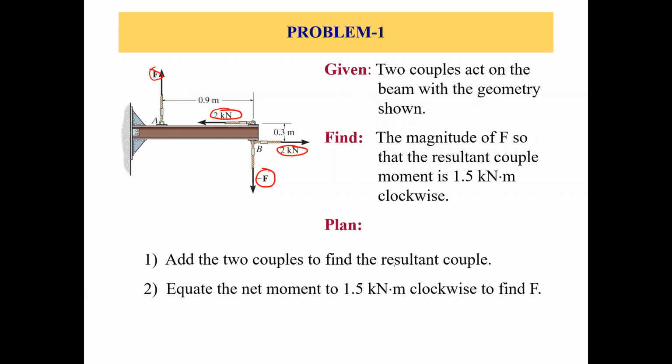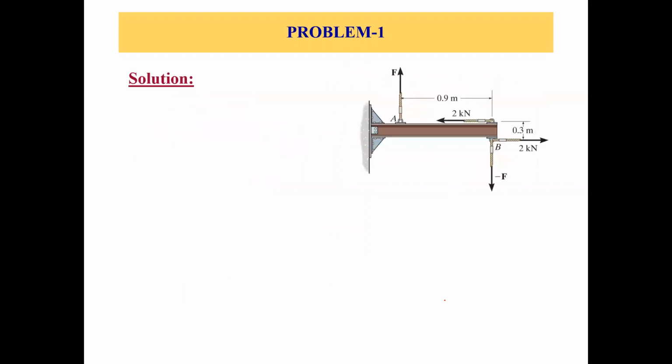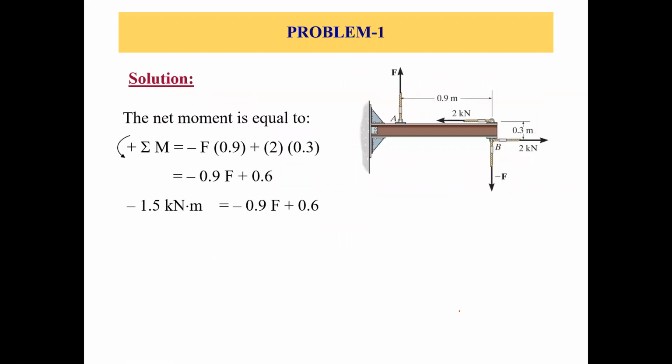Add the two couples to find the resultant couple. Equate the net moment to the given moment, which is 1.5 kilonewton meters clockwise, and we'll be able to find force F. Same figure, now let's find the net moment. What is the moment of the first couple, with the force F?